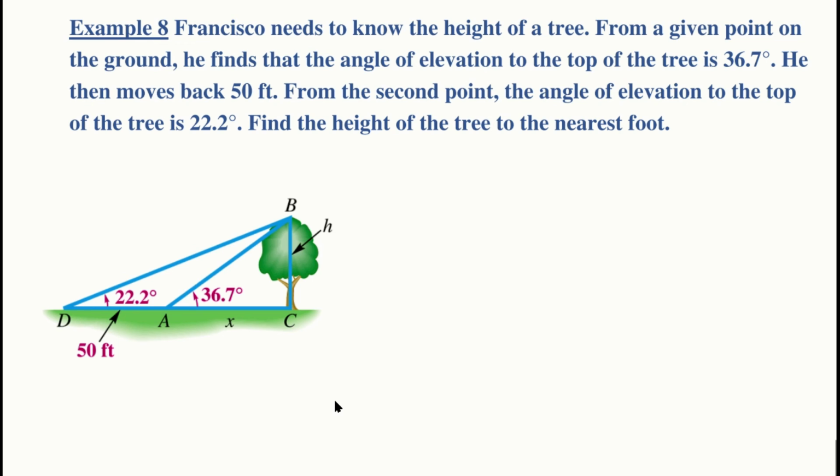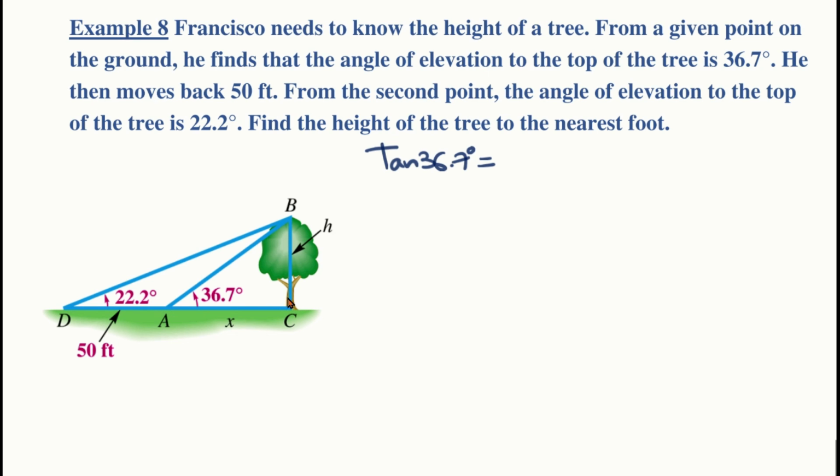So here, notice that starting with the 36.7 degree angle, we can say that the tangent of 36.7 degrees equals opposite over adjacent, so h over x.